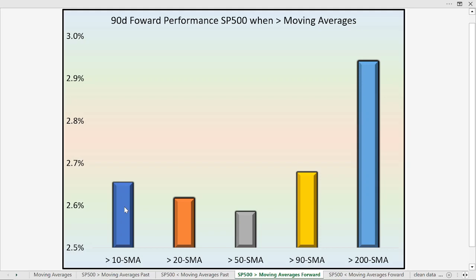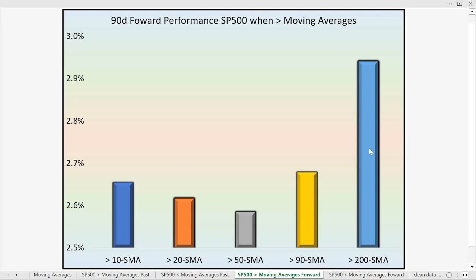If it's above the 20 simple moving average, 2.6%. Above the 50, around 2.6% as well. A little bit less. If the stock market is above the 90 SMA, the next 90 days, on average, we expect a 2.7% return. And if we're above the 200 SMA, 2.9%.